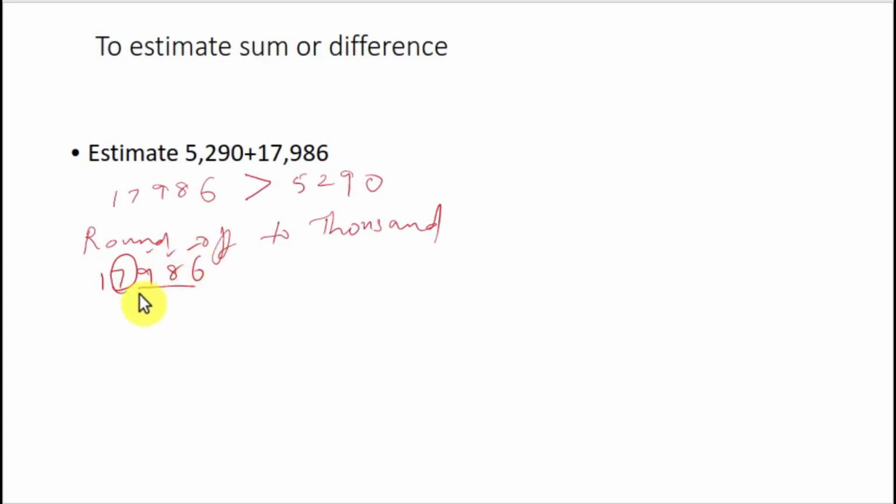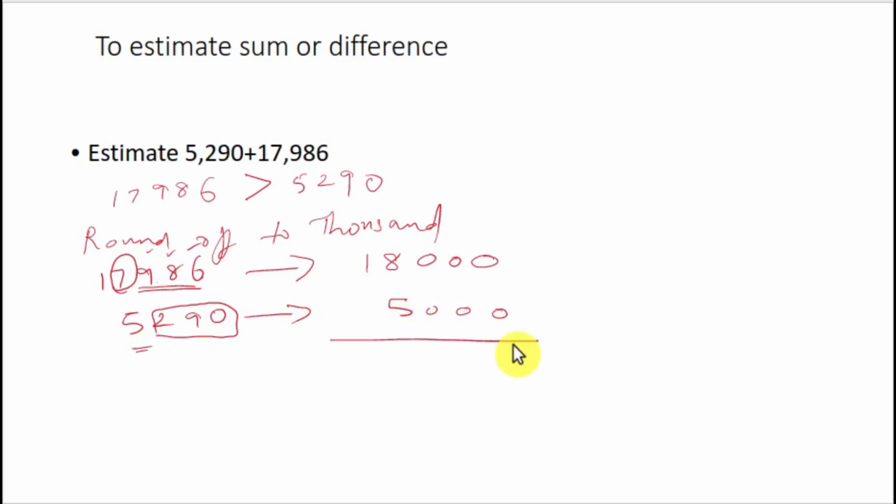Here we have to check whether 986 is close to 1000. So this is rounded off to 18,000. Next, 5290. Here 290 is close to 0, so no need of changing that. That is 5000. This is the estimated sum.